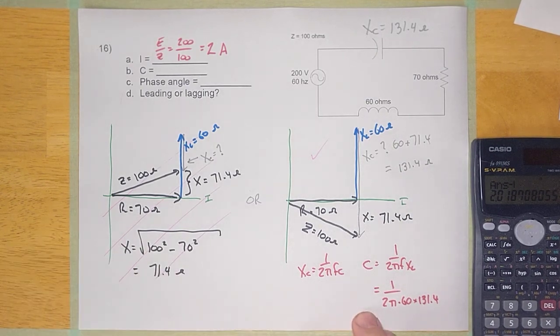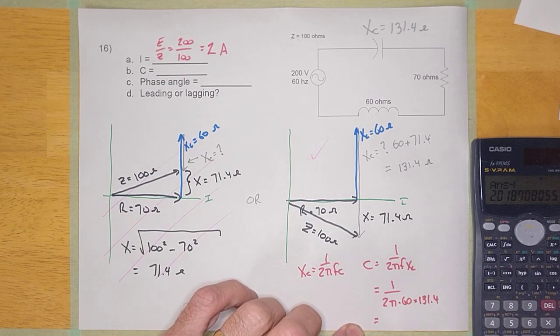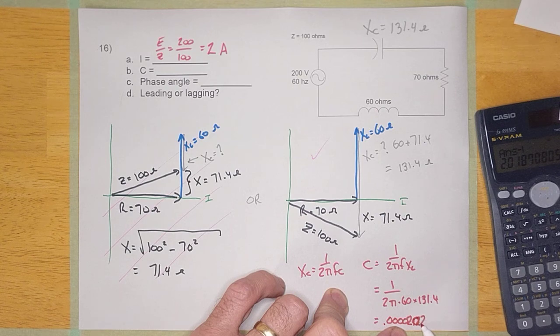What do you guys think? Yep, looks like I did. It is 0.0000202. Oops, that's supposed to be an O. Let's do that again. 202.